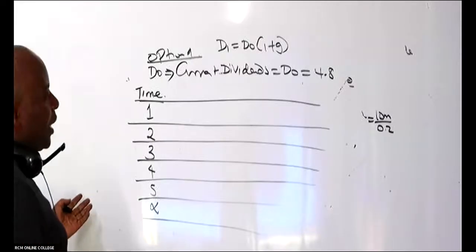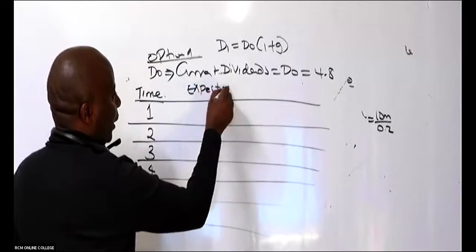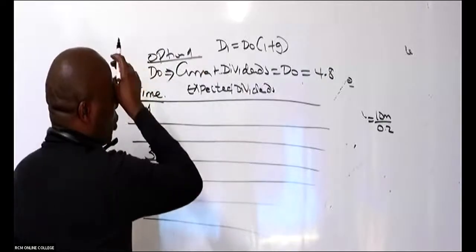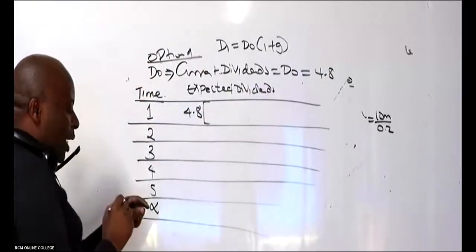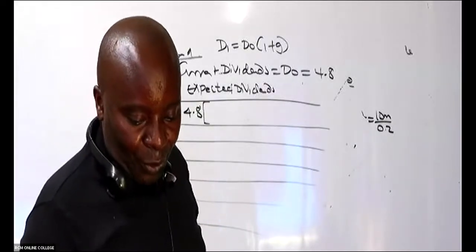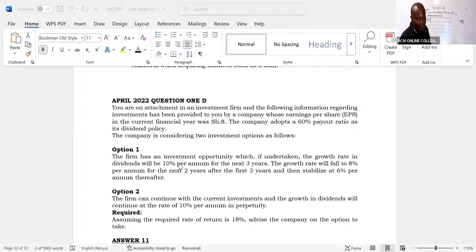So in this case, let's get the expected dividends. They have told us D0 is 4.8. For the first 3 years, the growth rate will be 10% per annum.